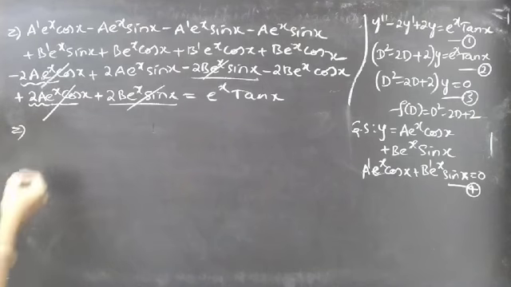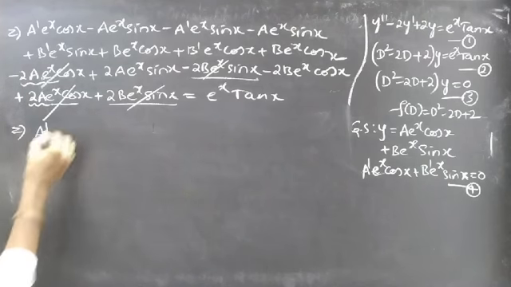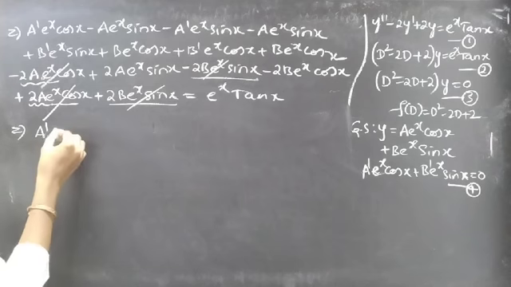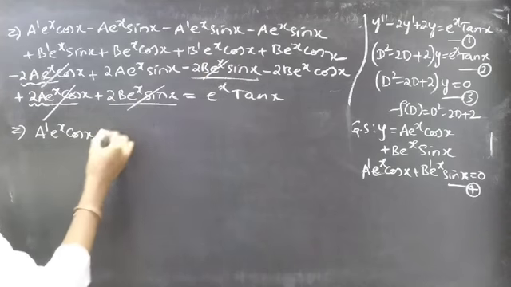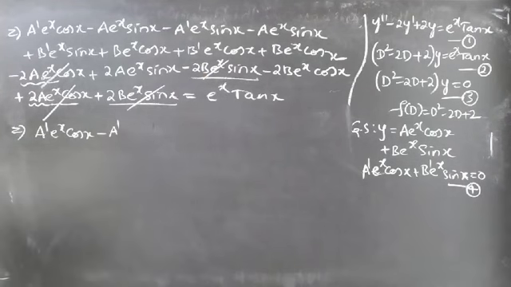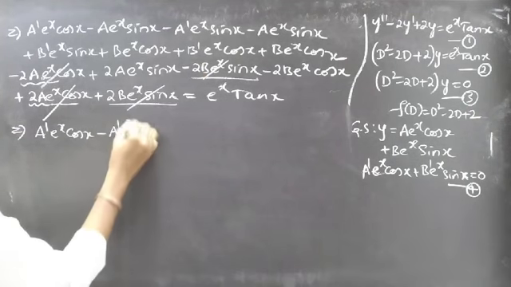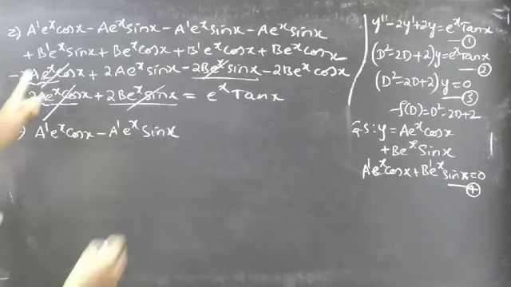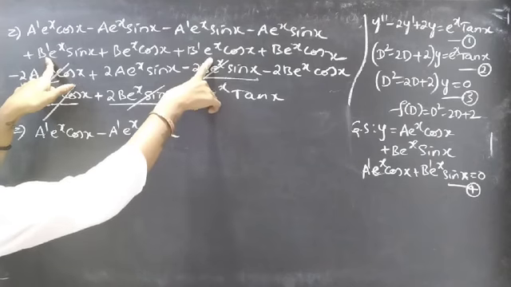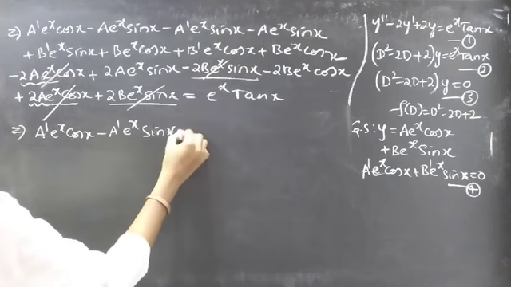Then the above equation becomes a dash e power x cos x minus, first I am writing the terms involving a dash, okay? A dash e power x sin x, now write the terms involving b dash: b dash e power x sin x plus b dash e power x cos x.